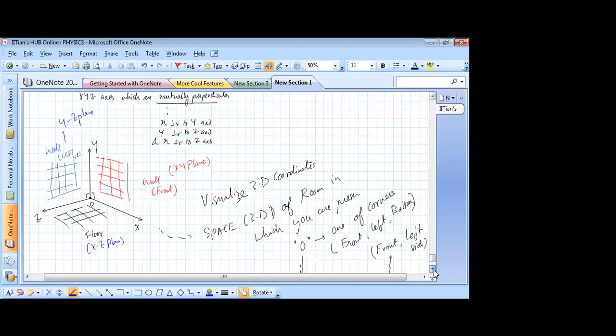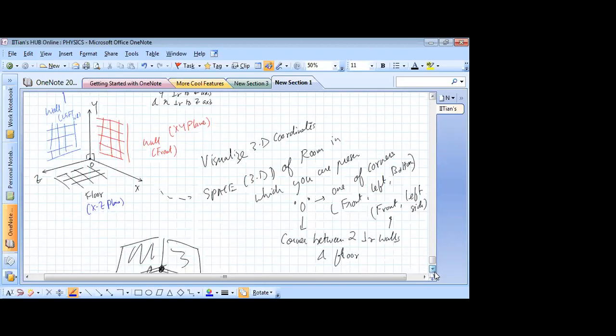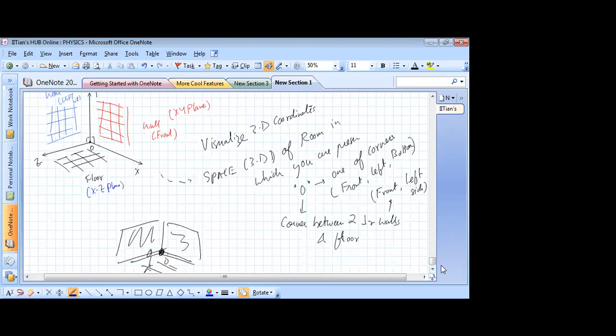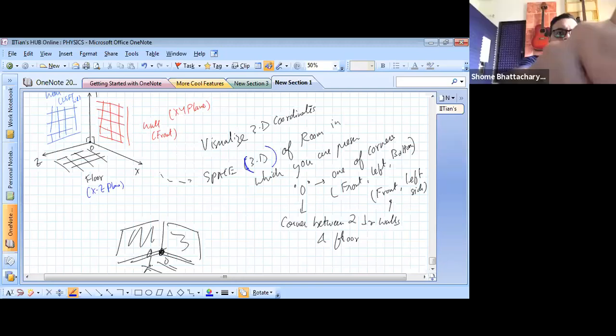Okay, so hope all of you are able to visualize in this way which I have written over here. Okay, people, so hope this is clear.